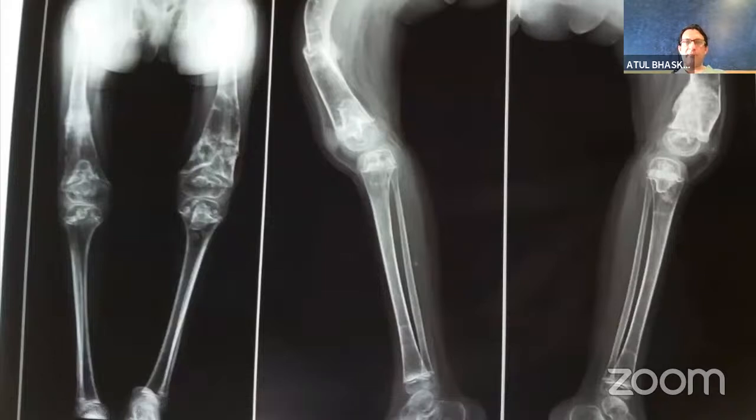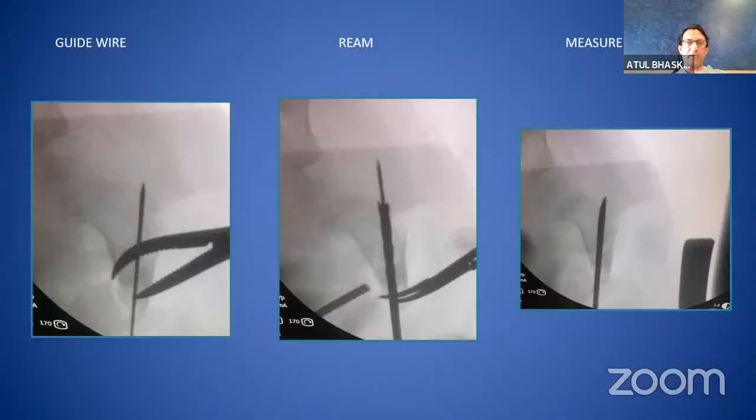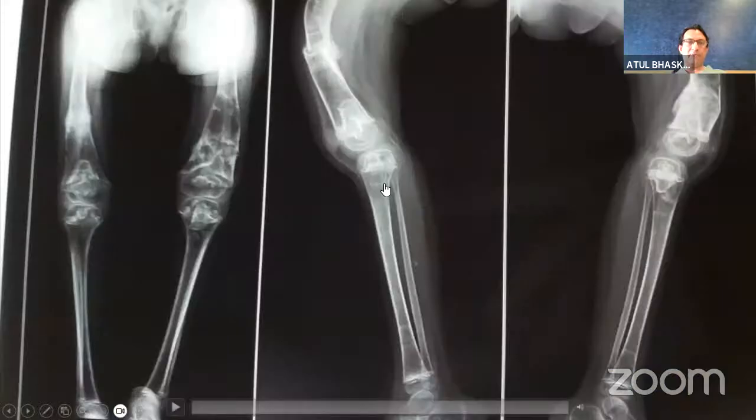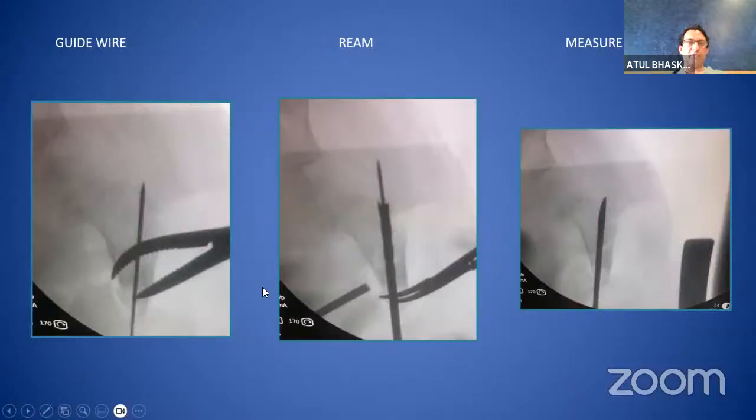This is again a child with bilateral femur. I'll just show examples where, because the deformity was in the proximal femur, we did a soft tissue release. Make sure you get this kind of view in profile. So before you put your guide wire, you must make sure you get a true AP view of the neck. And then only you pass a retrograde reamer. So this becomes fairly easy because you're doing it from retrograde.